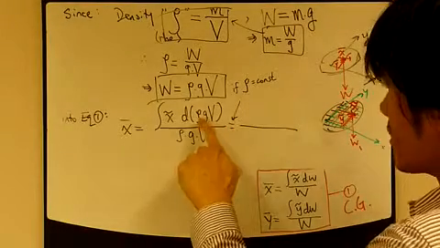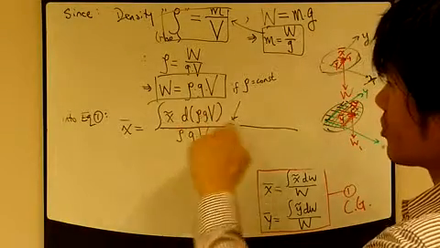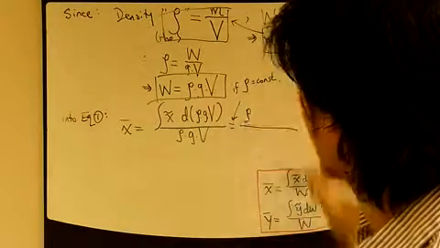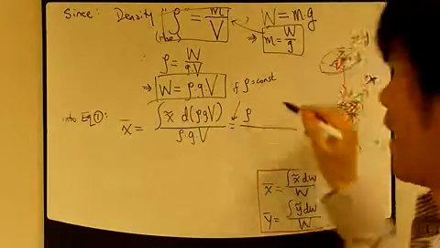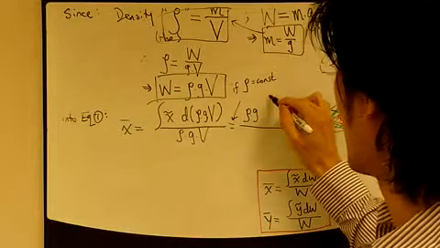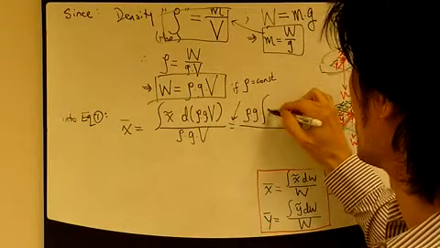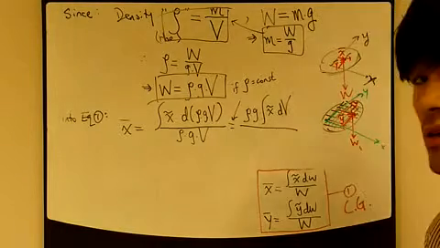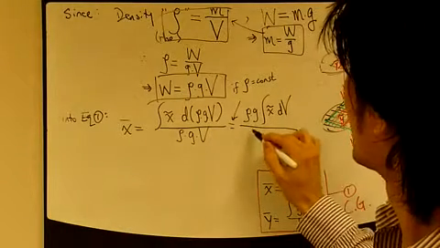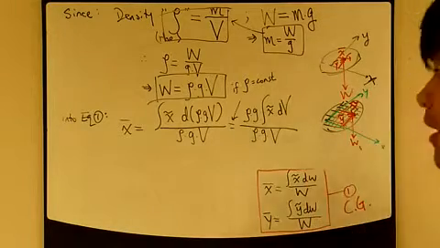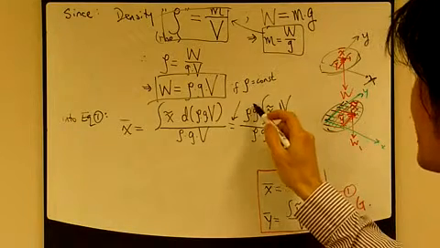If rho is constant, then we can take the rho out of this integral. g is a constant, you know that for a fact, so g can be taken out as well. So what's left is the integral of x tilde dv, and then we have rho g v. Now look at that.